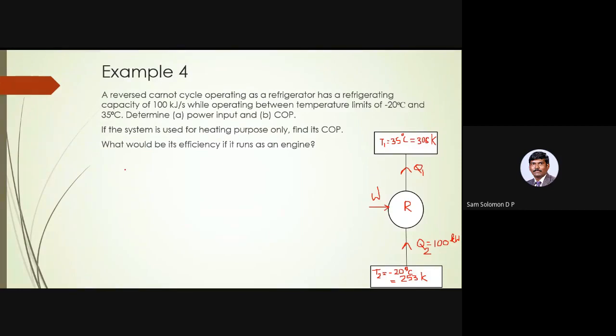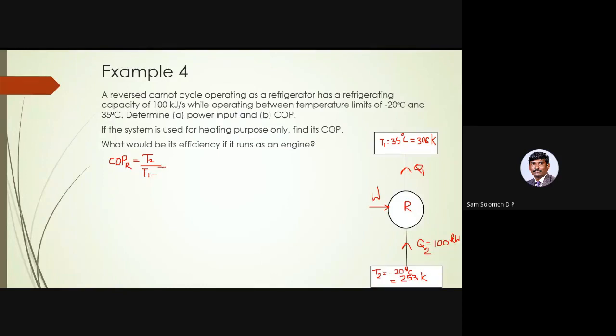Straightforward question. So this is the COP of the refrigerator. The COP of the refrigerator would be T2 divided by T1 minus T2. We have already done the second example on this, so it is similar to that.